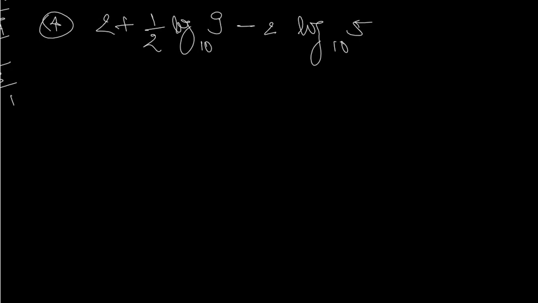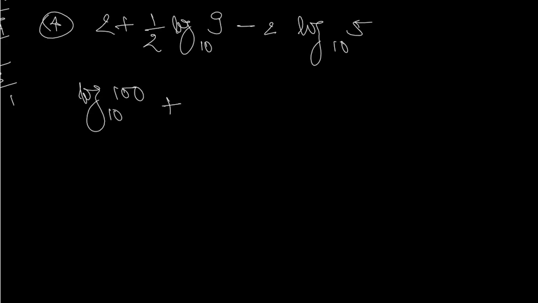Now you must be thinking, how can I convert a number into logarithmic form? If you think very sharply, you will remember log of 100 to the base 10. What is log of 100 to the base 10? It is 2. Remember? I showed you the properties, the characteristics of logarithm, and then we discussed this.